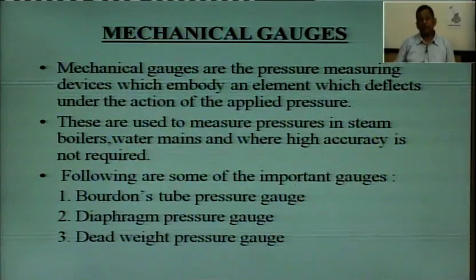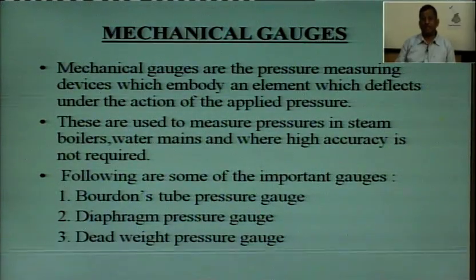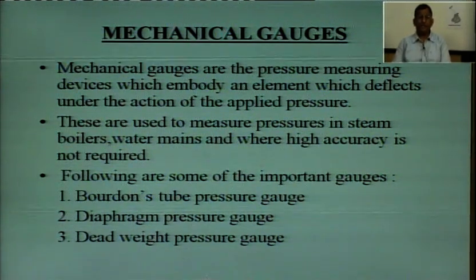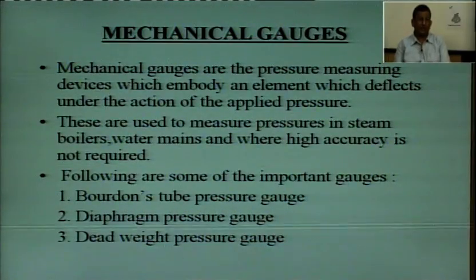Then we come to the mechanical gauges. Mechanical gauges are pressure measuring devices which embody an element which deflects upon the action of applied pressure. These are used to measure the pressure in steam boilers and water mains where high accuracy is not required.